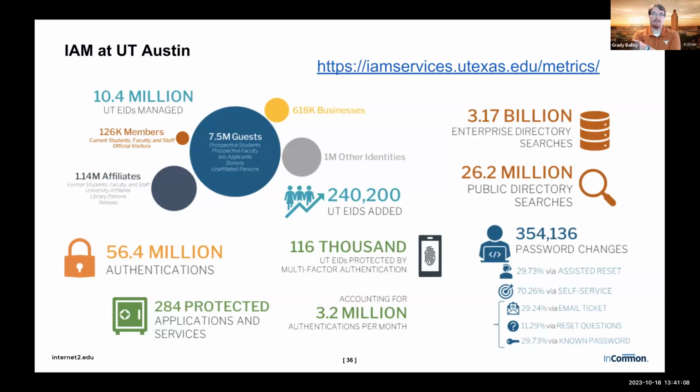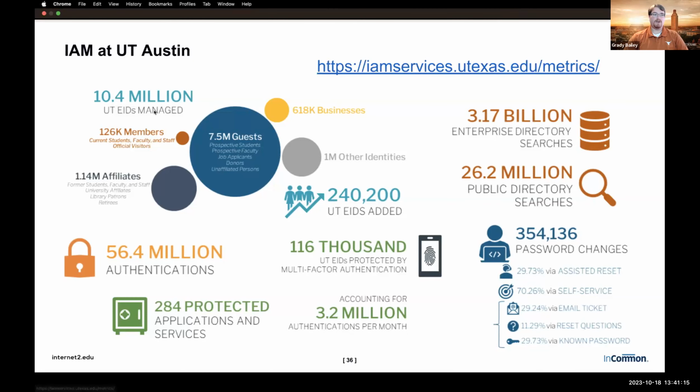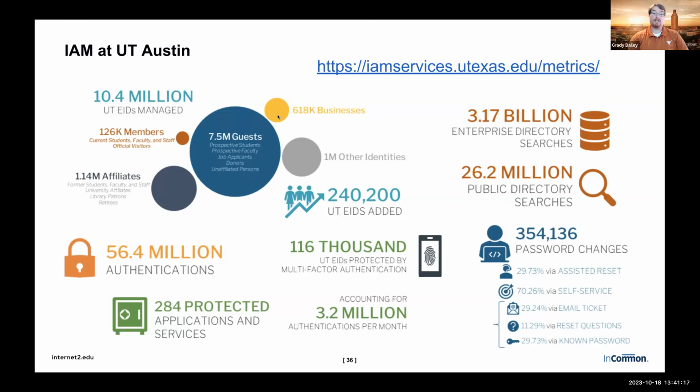But at the time, we had close to 10.5 million identities under our care. You can see all the other very, very large numbers there. If you'd like to look at this yourself, I included a link to iamservices.utexas.edu/metrics, where you can view that, as well as a lot of other information we have on our IAM services page.